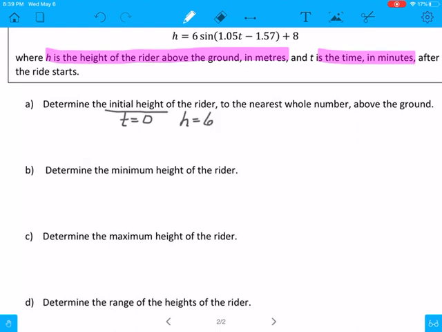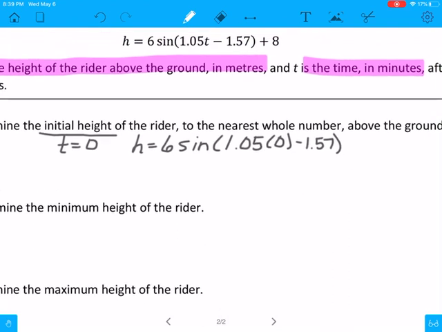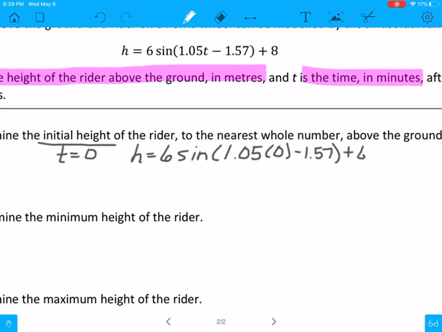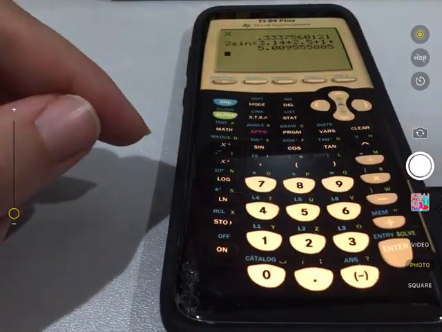So h equals 6 sine (1.05 times 0 minus 1.57) plus 8, which gets us h equals 6 sine, this cancels, negative 1.57, plus 8. And remember, your calculator needs to be in radian mode, guys. If it isn't, you're going to get it wrong every single time.